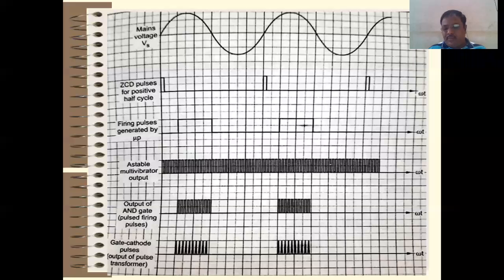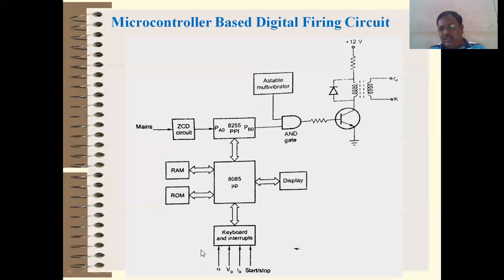That is the waveforms. So these waveforms are the ZCD pulses, firing pulses generated by microprocessor, then astable multivibrator, output of AND gate, and the last one, gate cathode pulses. In this particular circuit, we trigger the SCR, or any other power device we can use.